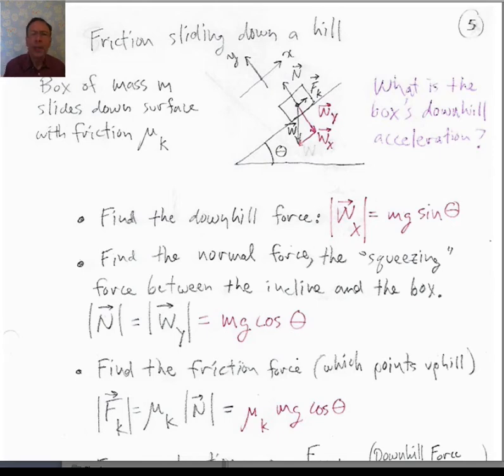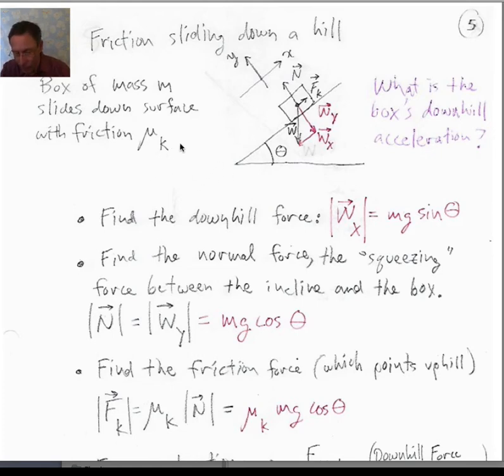Okay, so we're going to do another one of these friction problems. This one is almost guaranteed to come up in a test or quiz or final exam. The question is, I've got an object which is sliding down an inclined plane, and the slope is set by this angle theta. What is the box's downhill acceleration going to be?